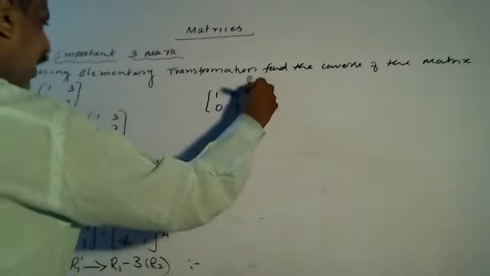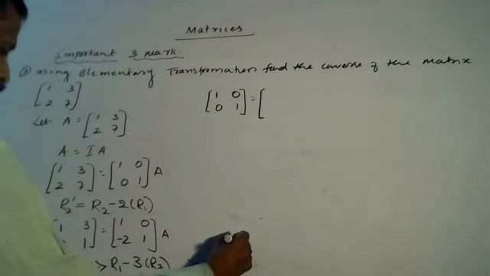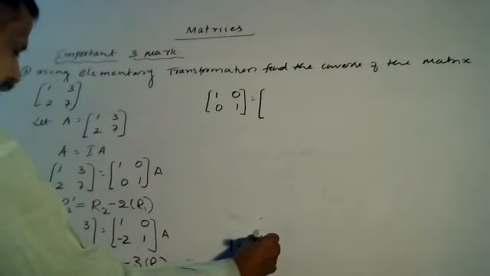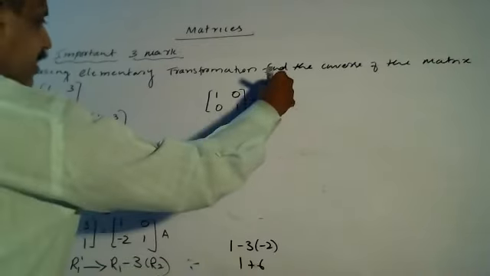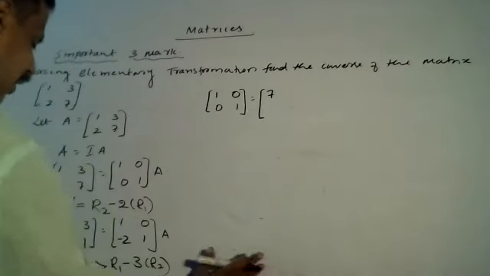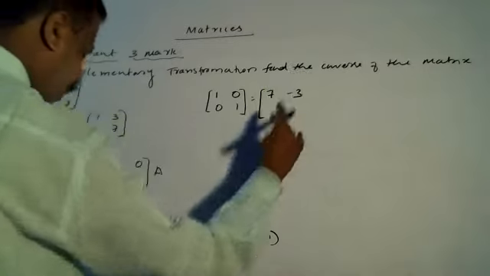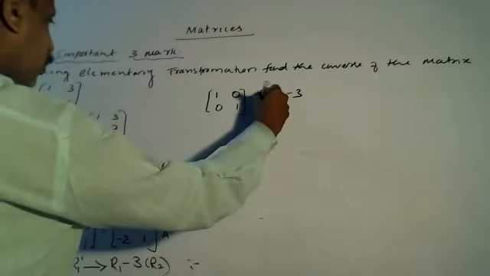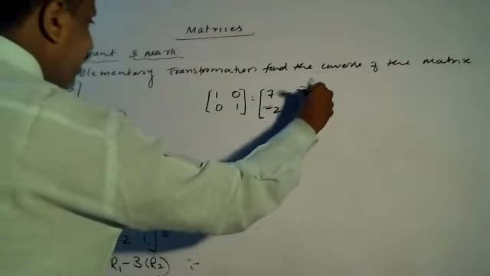0, 1. Here again, R1 means 1 minus 3 into minus 2, 1 plus 6, the answer is 7. Here, 0 minus 3 into 1 is minus 3. Minus 2, and 1 as it is.